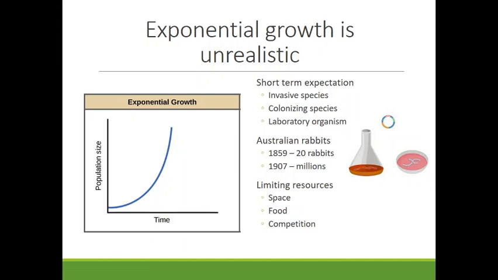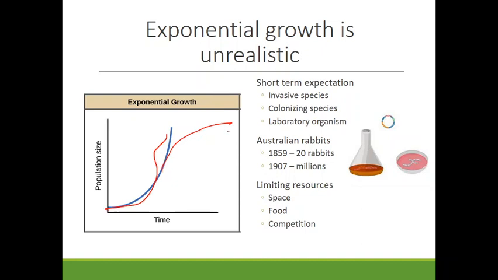There's only a certain amount of food in Australia or any given place, whether we're talking about laboratory organisms or real organisms in nature. The population cannot just increase forever. Eventually, we see a flattening out.